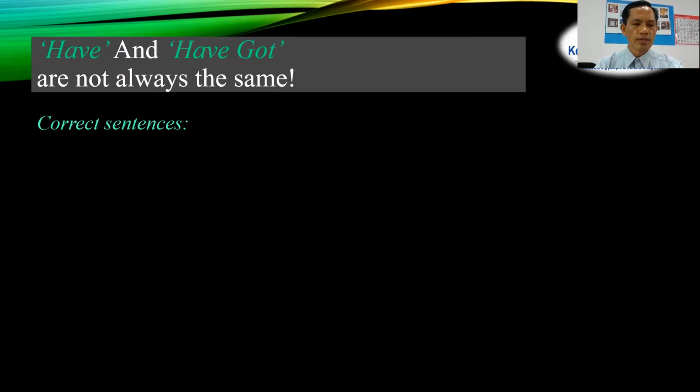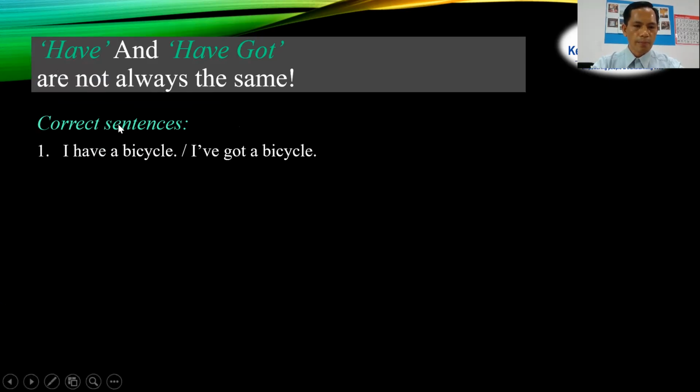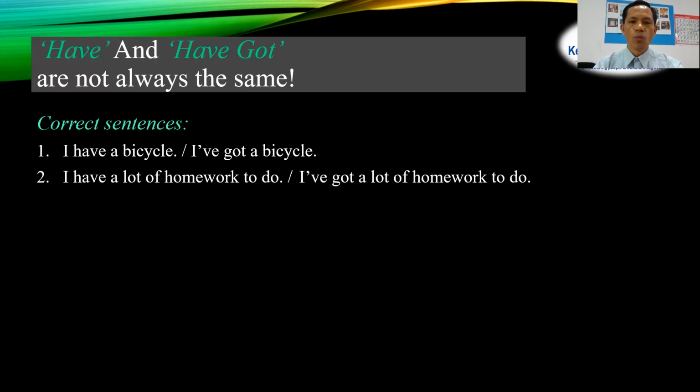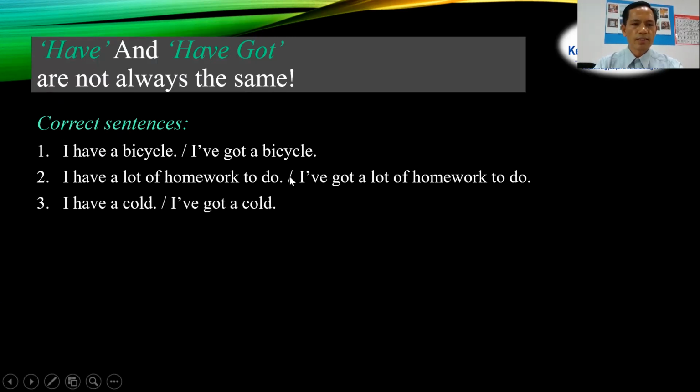This is a correct sentence. I have a bicycle. I've got a bicycle. The same, because this shows possession. I have a lot of homework to do. I've got a lot of homework to do. The meaning is the same. I have a cold. I've got a cold. The same.